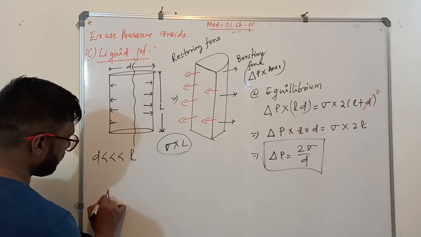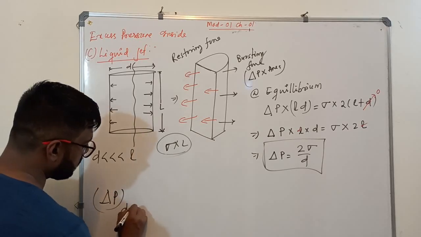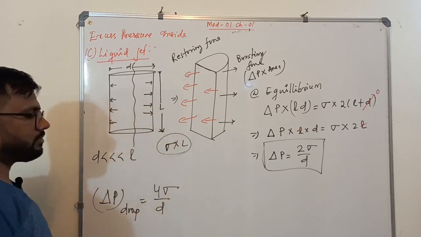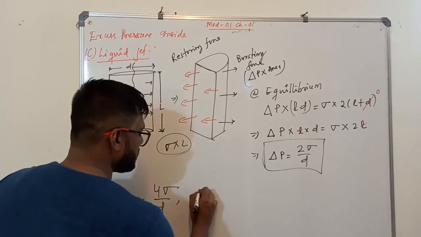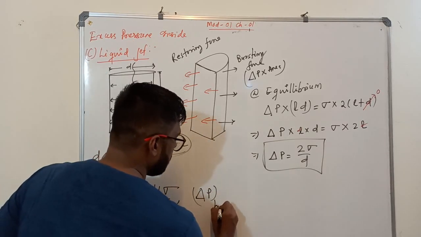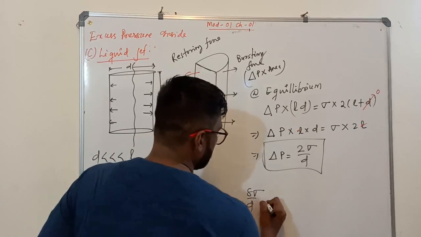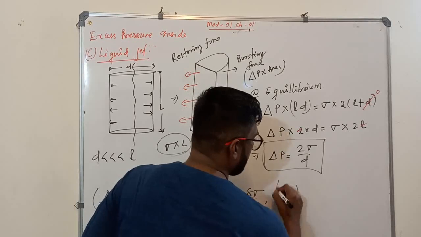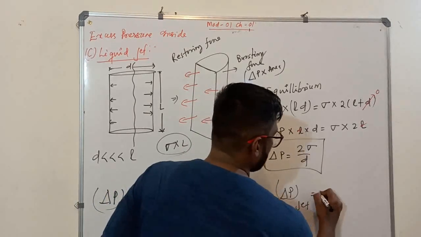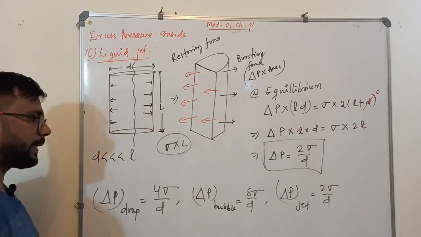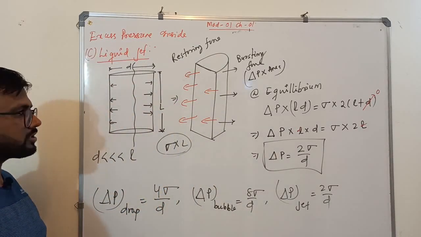Now remember, what is the delta P for a drop? See, questions come from here, that's why I am repeating so much. Delta P of a drop is 4 sigma by D. Delta P of a bubble is 8 sigma by D. Delta P of a jet is 2 sigma by D. Pause the video, note it down.